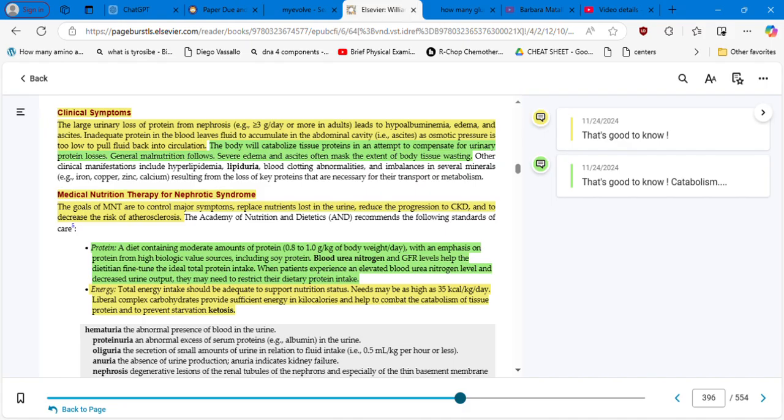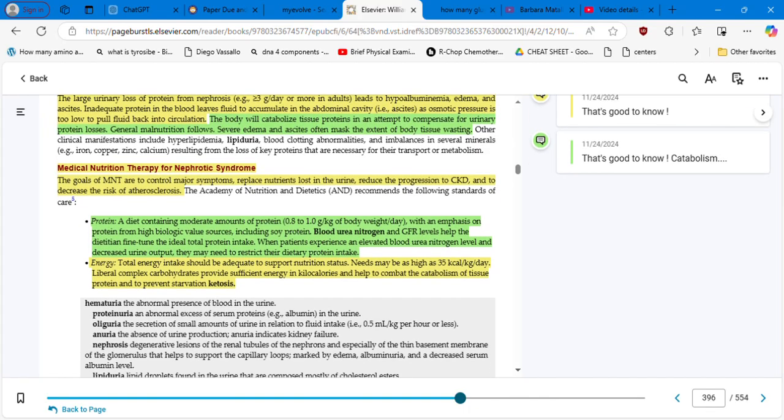To double check the BUN, the blood urea nitrogen, and also the GFR levels. When patients experience an elevated BUN level and decreased urine output, they may need to restrict dietary protein intake. Okay, so elevated BUN can mean the patient is in a dehydration state.